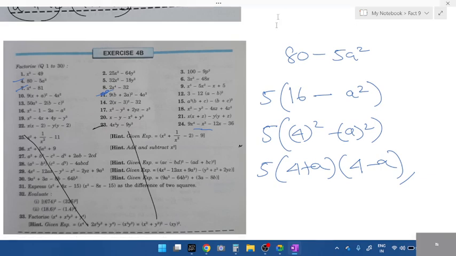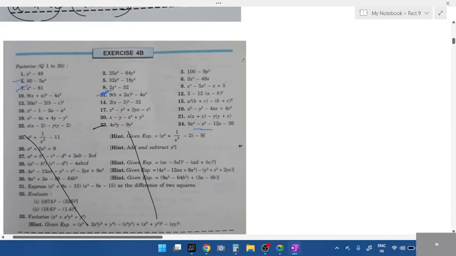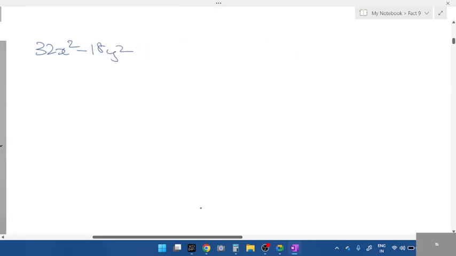See, if nothing is common, use the first exercise concept, students. First exercise, 32x square minus 18y square. What did we do? Take 32, 18. What is common? Start from 2 times table. You'll definitely get it, it's a very simple concept. 2 into 16, 2 into 9.